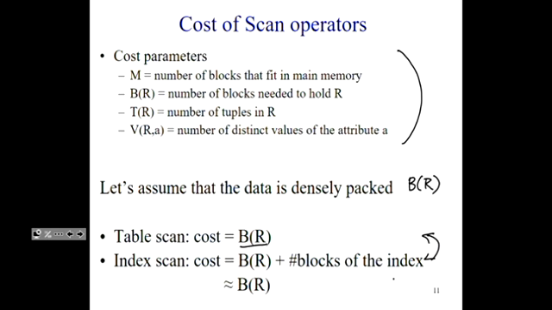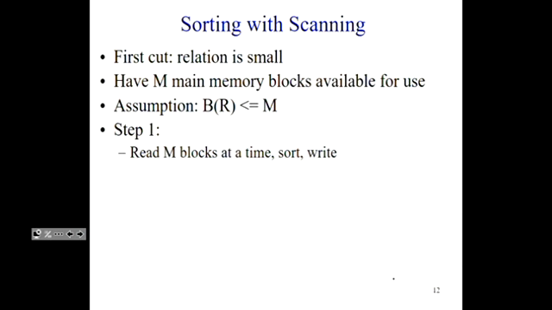Okay. So what about sort scan? That was the third implementation that we talked about. If I wanted to do sort scan, let's say my first assumption is that the relation is small, and remember that I have M main memory blocks available for me to use. This is my buffer.